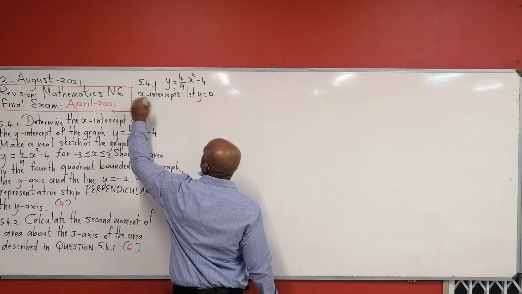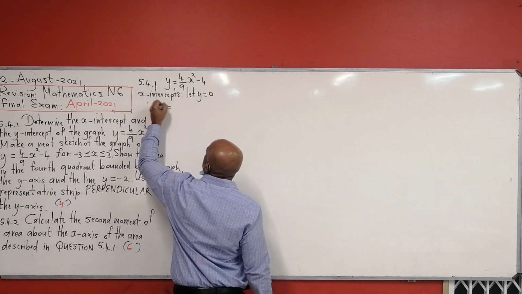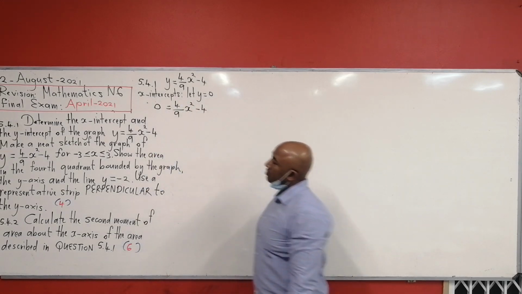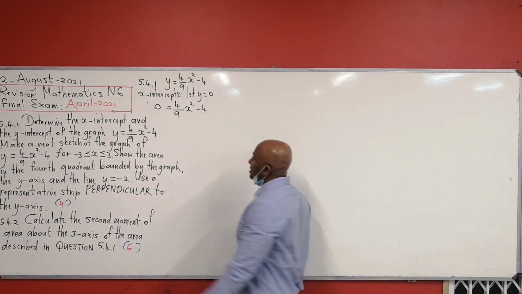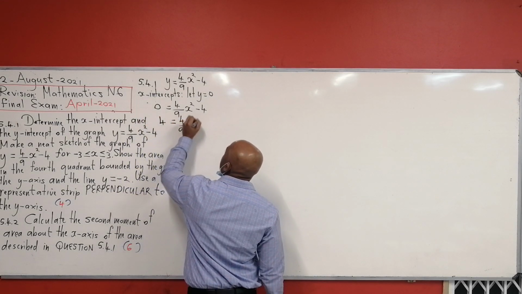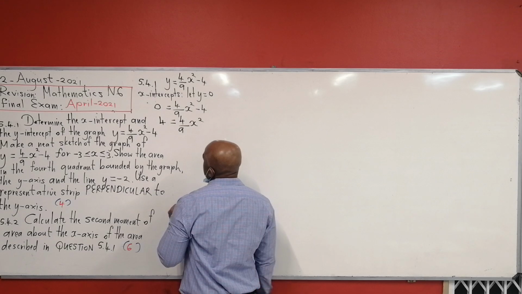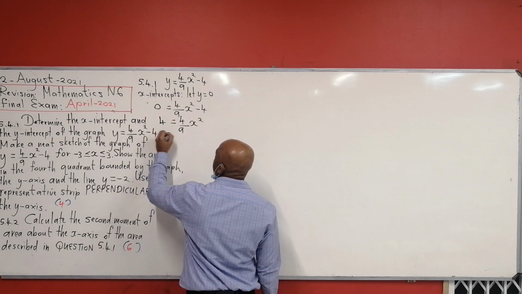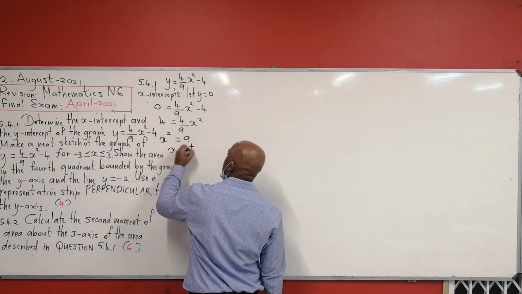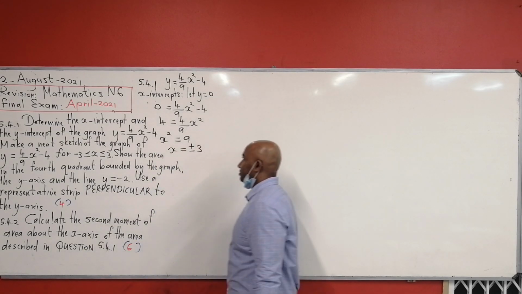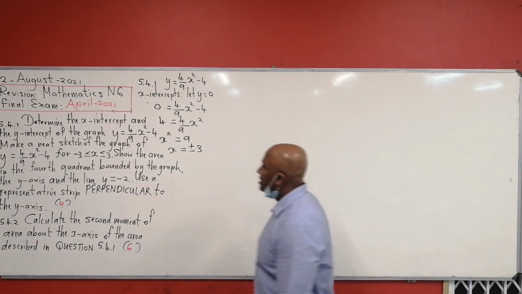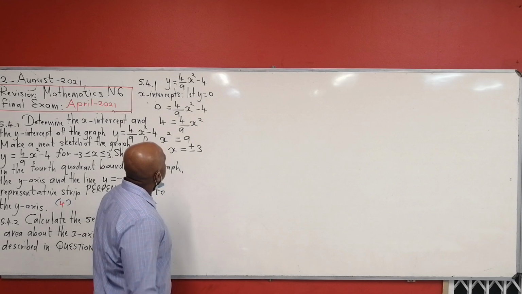So that means 0 is equal to 4 over 9 x squared minus 4. Solve for x. So that means 4 is equal to 4 over 9 x squared, so x squared is equal to 9. That means x is equal to plus or minus 3. You got that? Right, so x is equal to plus or minus 3.